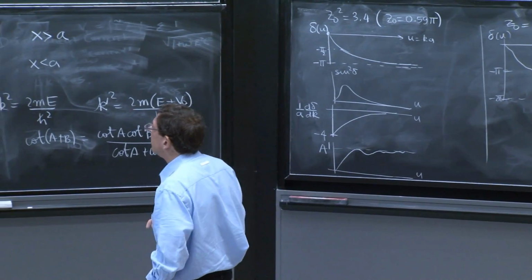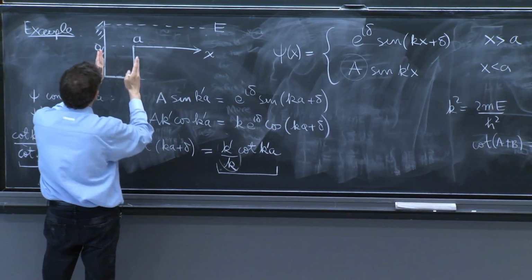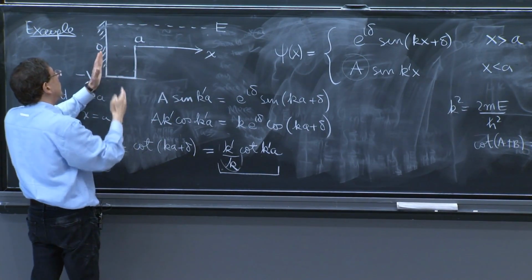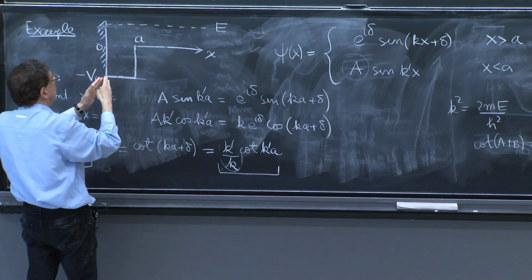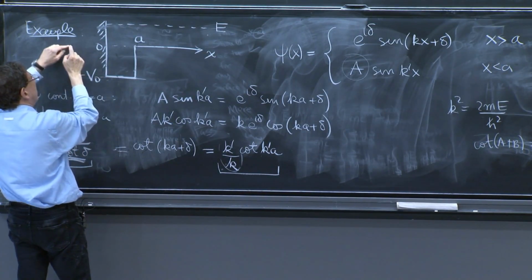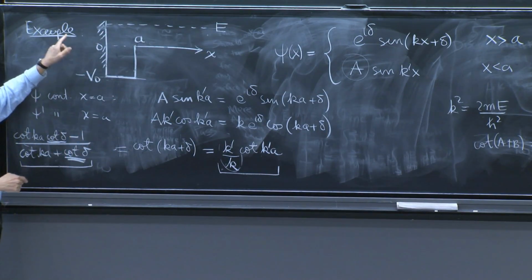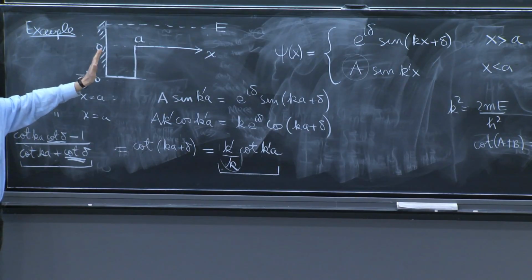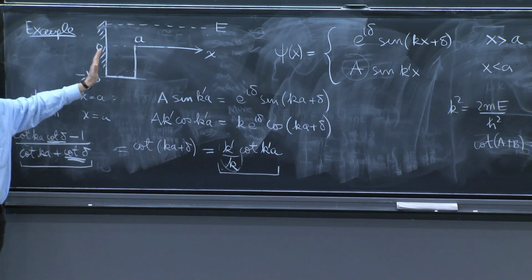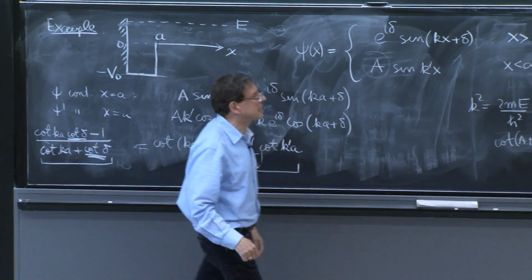If you remember, you've actually solved this problem in homework, the half square well, in which you put an infinite wall here. And if you had the full square well from minus a to a, this problem has all the odd solutions of the full square well. All the odd solutions exist.